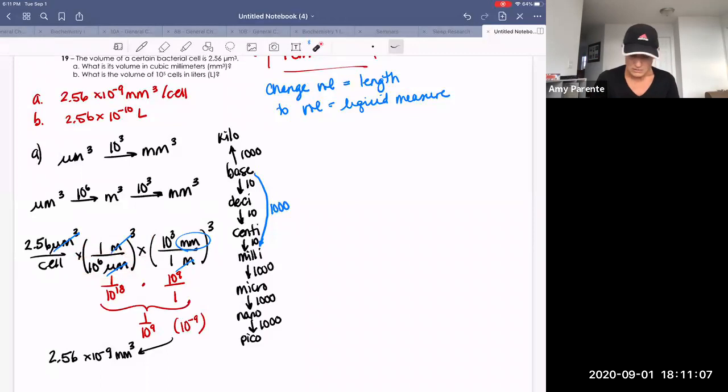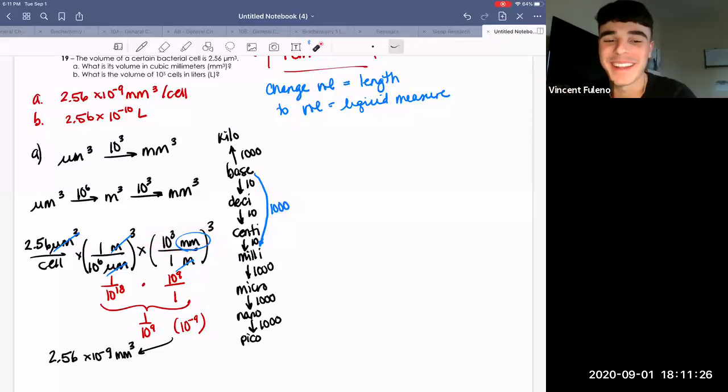When we went to meters, we went to a bigger unit, so we were going to end up with a smaller number, or we need to multiply. I don't know if that answers your question, Vinny, or if it made it more confusing.